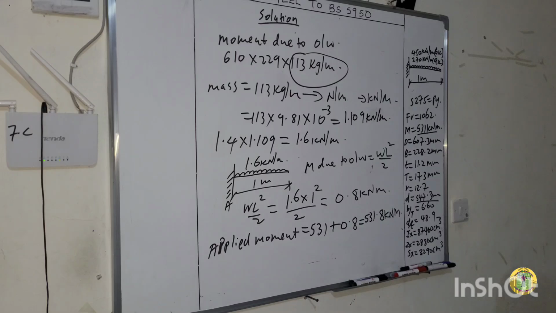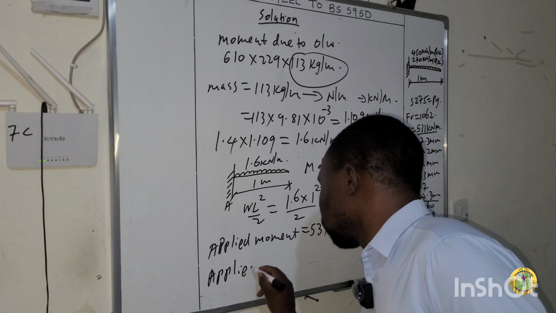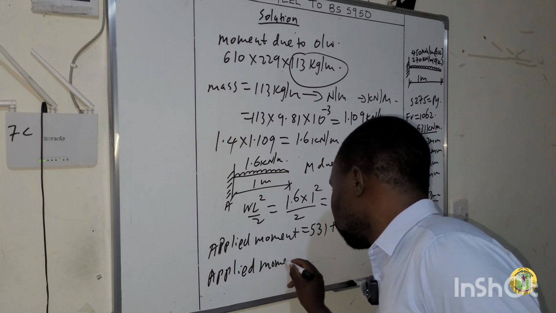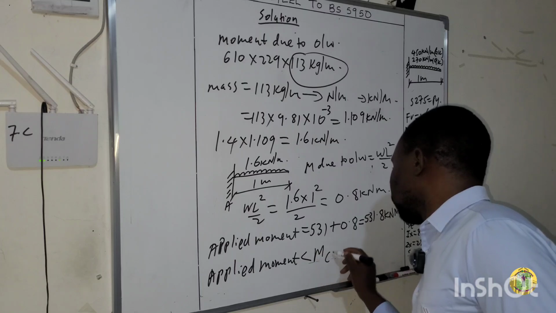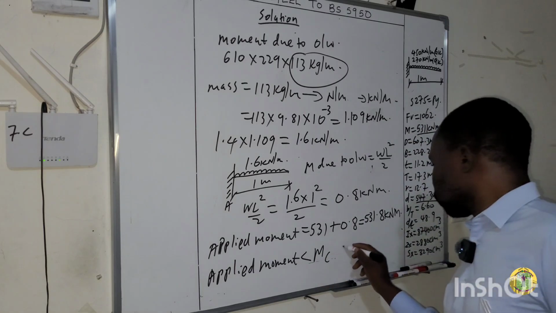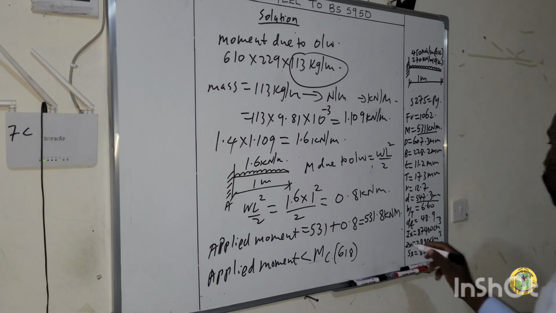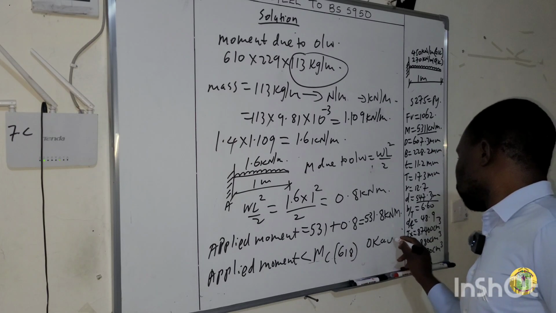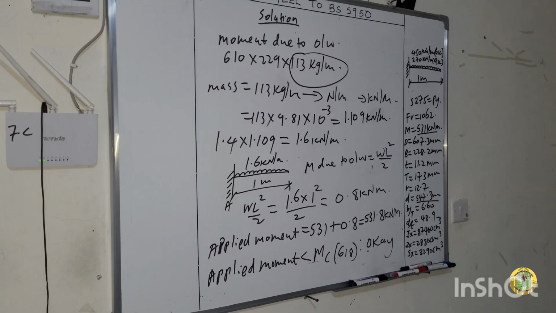Therefore, the applied moment is less than moment capacity, which is 618. Therefore, okay. And we will finalize by deflection. So I want to do now the deflection.